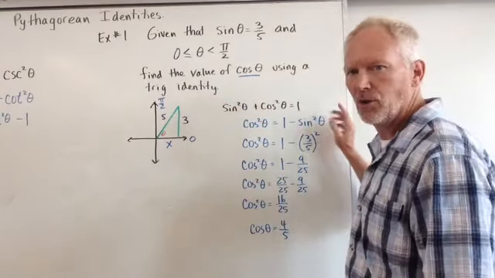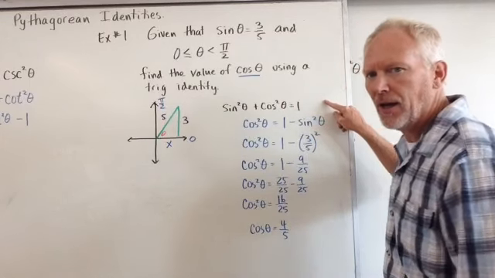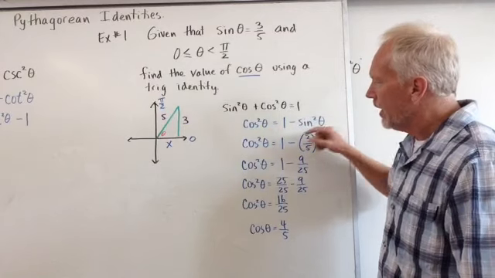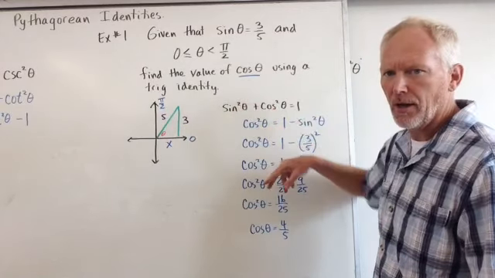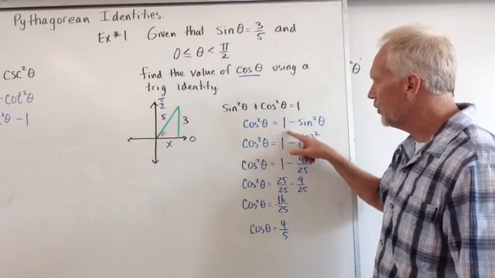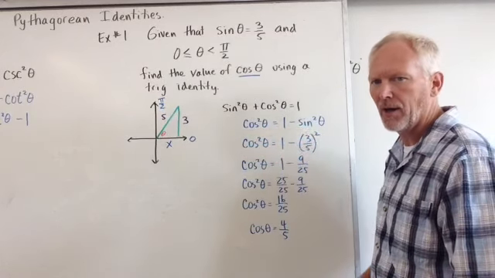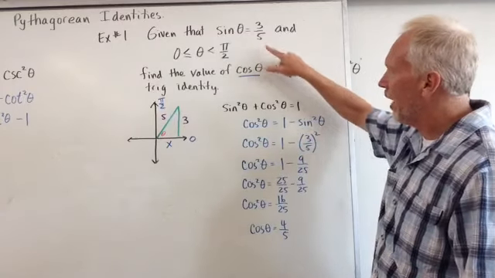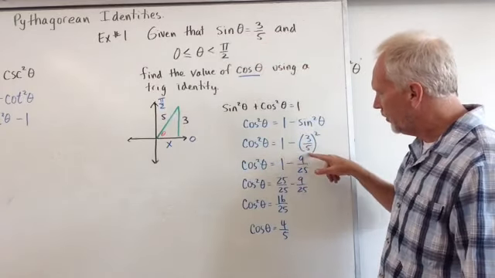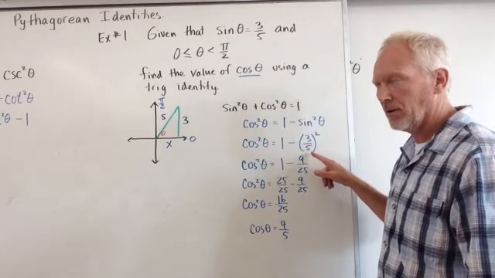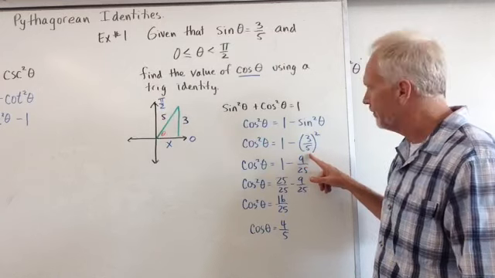The trig identity we choose is sine squared of theta plus cosine squared of theta equals 1. Now, they want me to find cosine, so I use the version cosine squared of theta equals 1 minus sine squared theta. They gave me sine of theta as 3 over 5, so I can simply substitute that in.